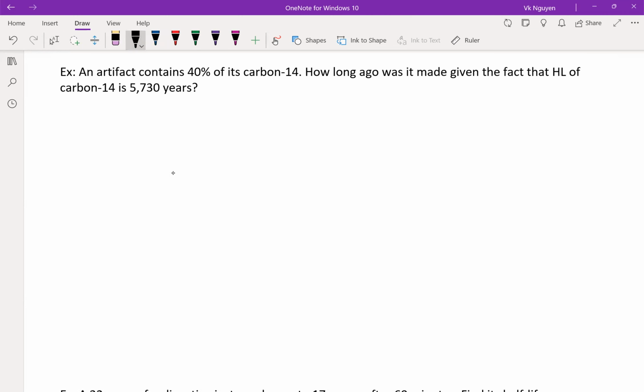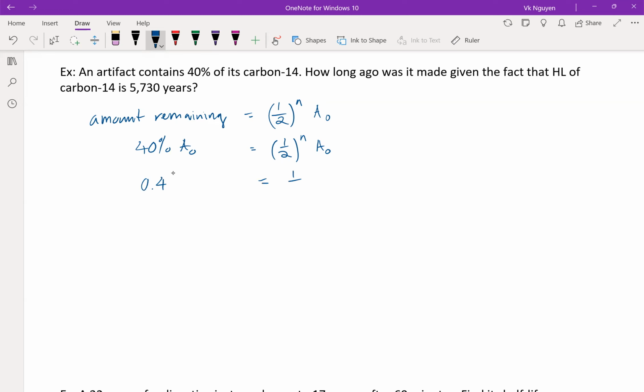Amount remaining equals 1/2 to the power n of the original amount, A sub 0. Amount remaining is 40%, so 40% of the original amount is 1/2 to the power n, A sub 0. Divide both sides by A sub 0, get rid of it. So we have 0.4 equal 1/2 to the power n.